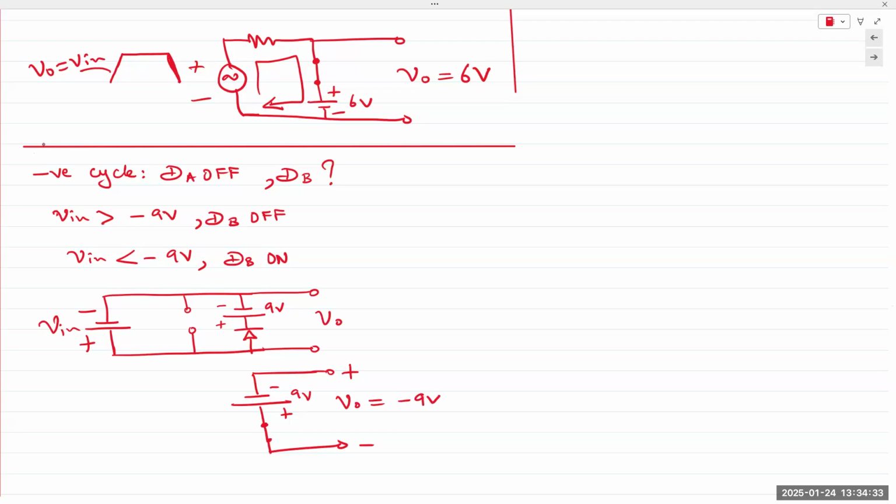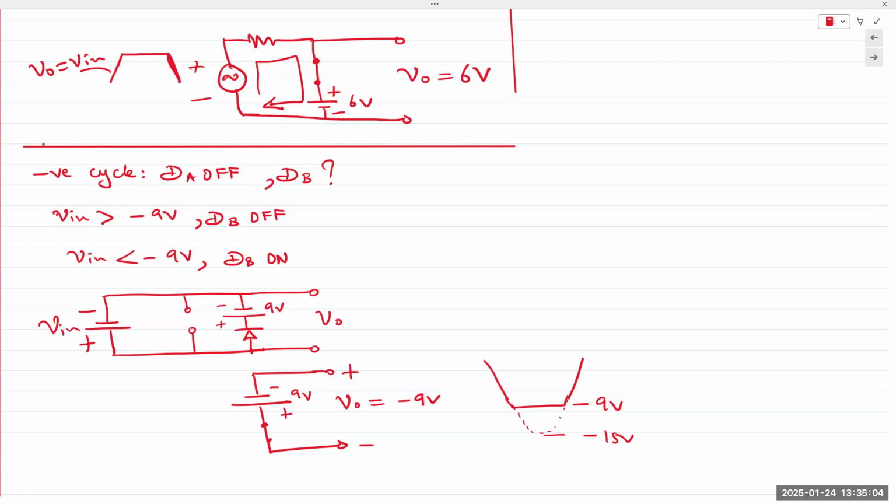Right? And so you get a waveform that looks like this. Negative half cycle. Yes. So whenever either DA is on or DB is on, that's all it's doing.